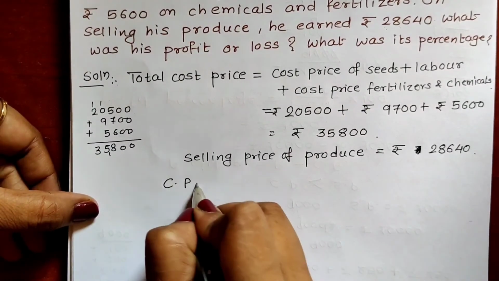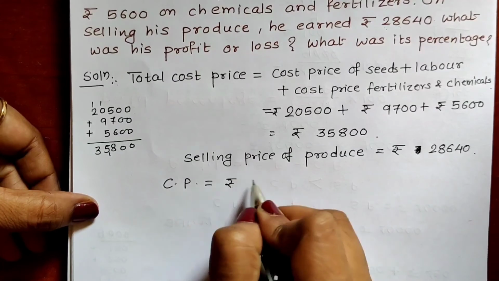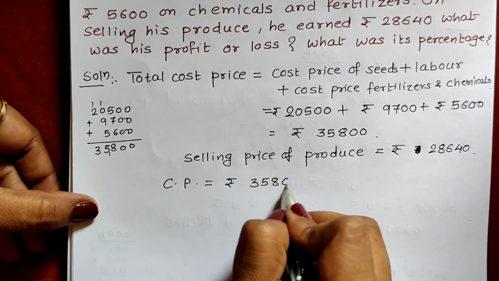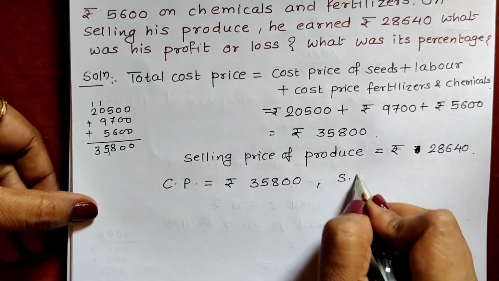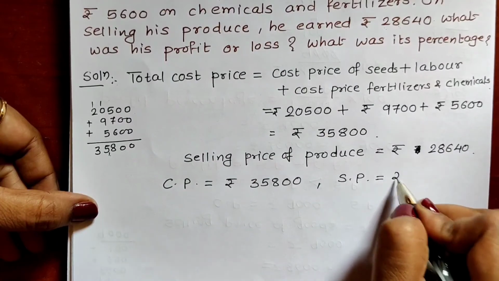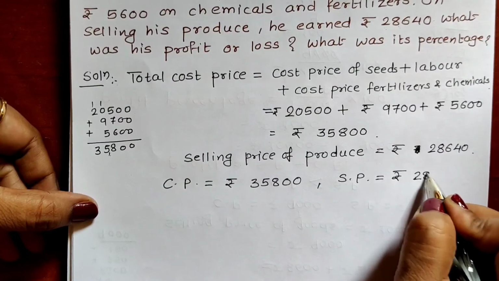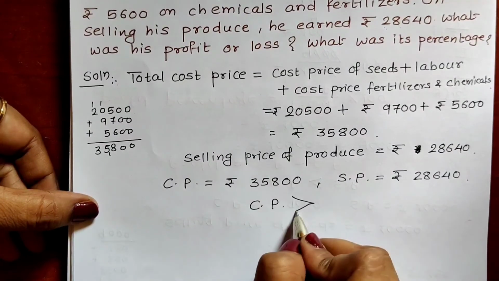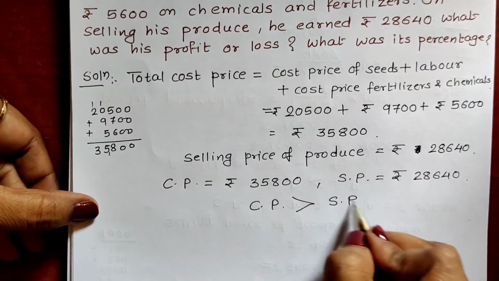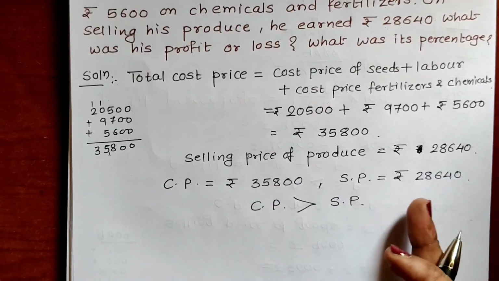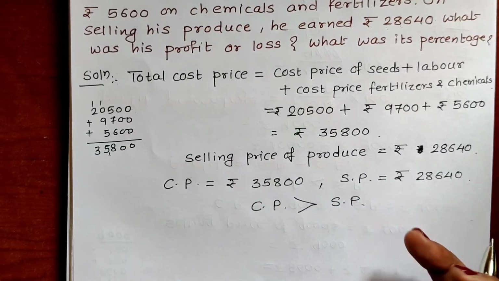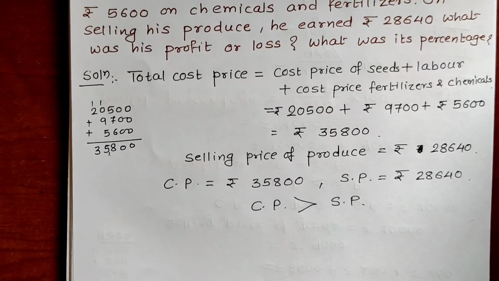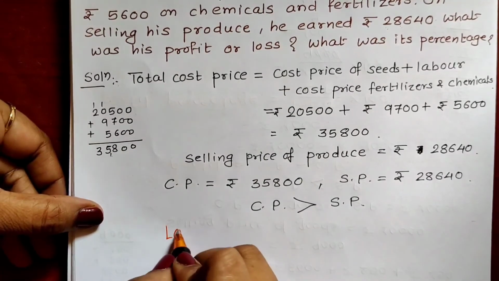Cost price is rupees 35,800. Selling price is rupees 28,640. Cost price is greater than selling price. So when the cost price is greater than selling price, the person incurred a loss.